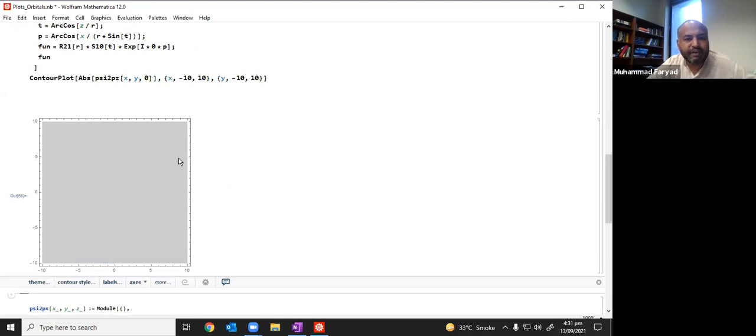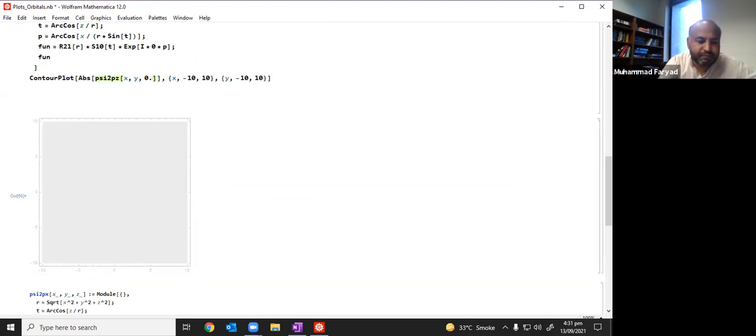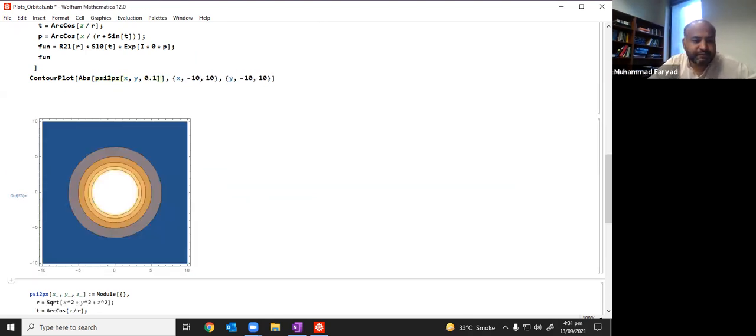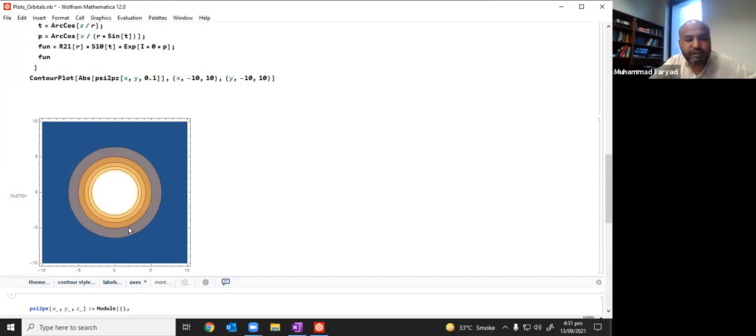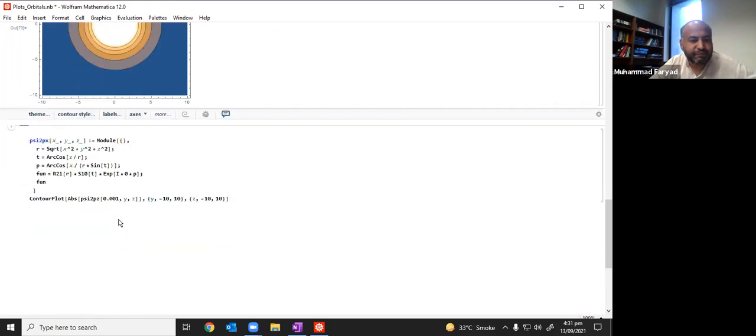So Mathematica complains that it's not right. So let me make this. You see, it's symmetric in that just at x is equal to 0.1. So in the xy plane or parallel to xy plane, it's a symmetric function. It's the same in xy plane.